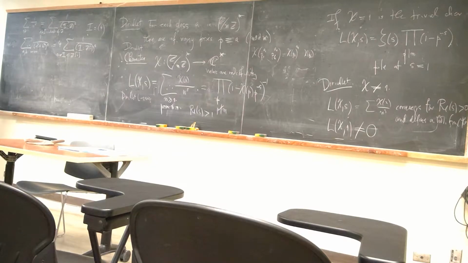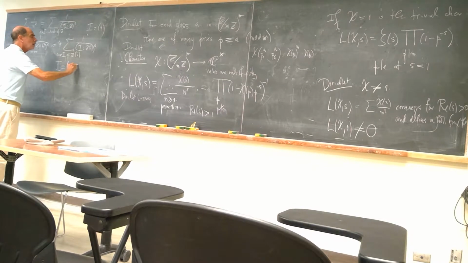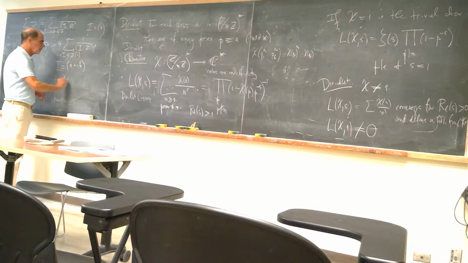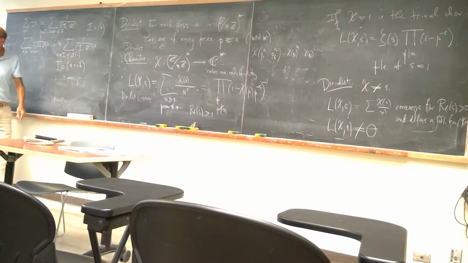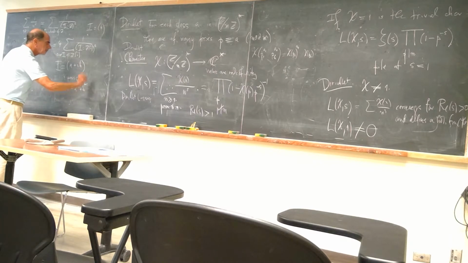Why? Because every ideal in the Gaussian integers, as Gauss showed, is a principal ideal. So it's generated by a plus bi, right? And there are 4 possible generators, where you change the sign of a and you change the sign of b. And the index is a squared plus b squared.